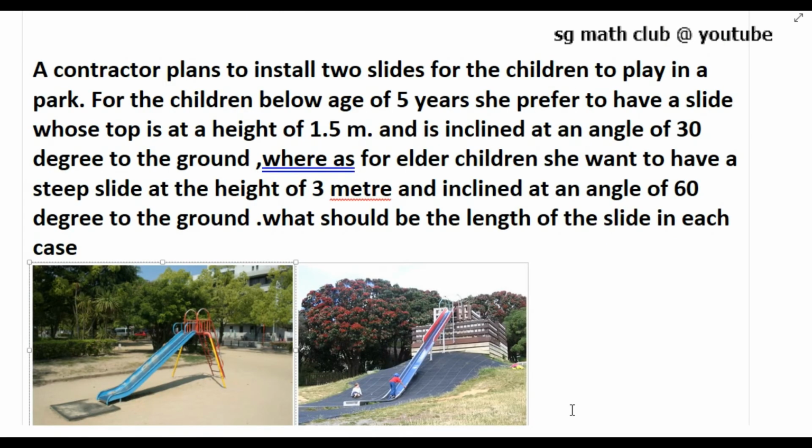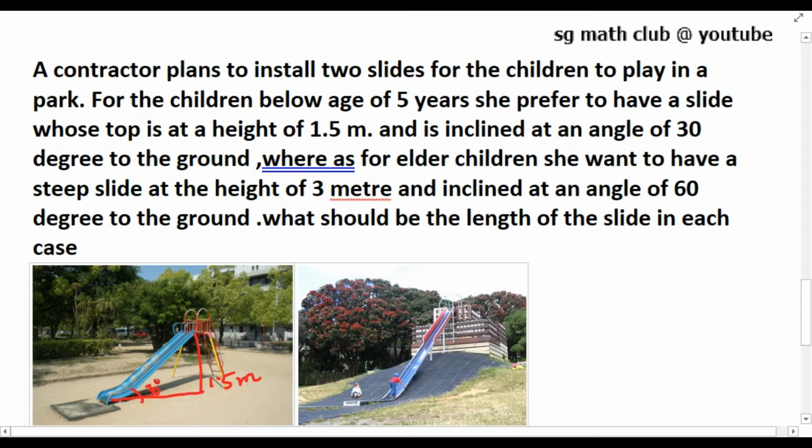Now the third question is, a contractor plans to install 2 slides for the children to play in the park. For the children below age 5, she prefers to have a slide whose top is at height of 1.5 meter. That means height will be 1.5 meter and it's inclined at an angle of 30 degree to the ground.